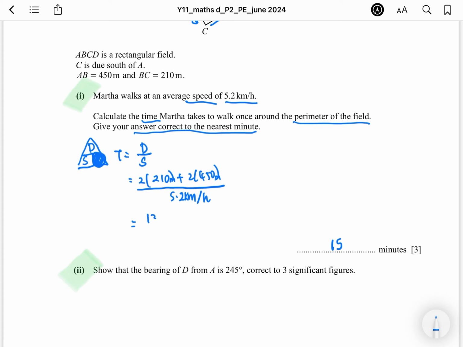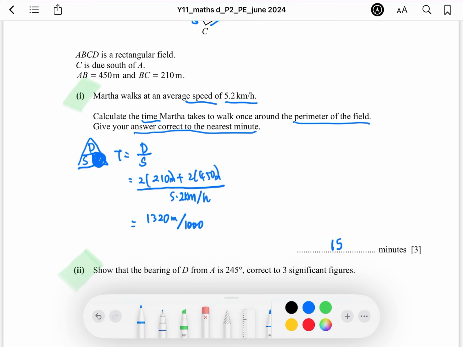So let me just put it here. Okay, and you divide that by 1,000. So when you divide that by 1,000, it's no longer a meter, it's a kilometer over 5.2 kilometer per hour.